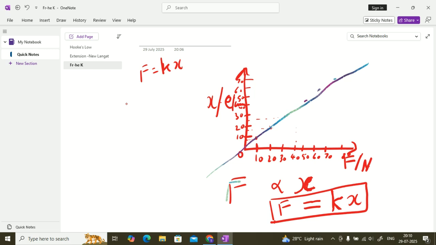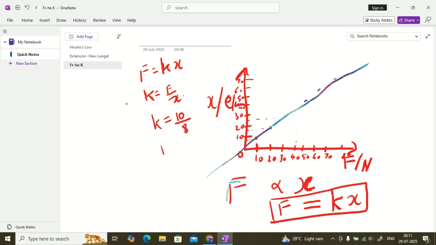So for k, if we rearrange the alphabets over here, we are going to get k is equal to F upon x. So if we know the value for force, let's say for 10 grams it was 8 centimeter as the extension, so 10 upon 8.